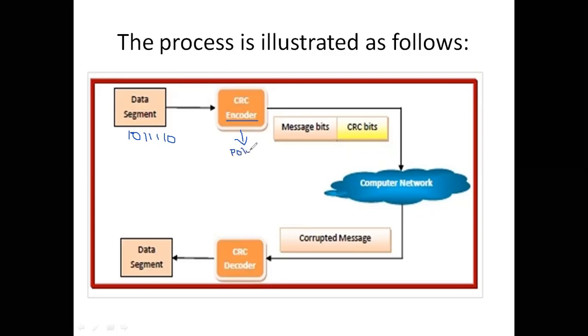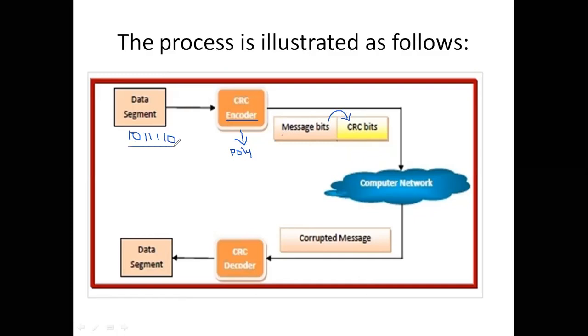The data segment is divided by the polynomial code, then the remainder bits are added to the message bits. Whatever remainder bits come from dividing the data by this polynomial are added to the right side of the message bits.